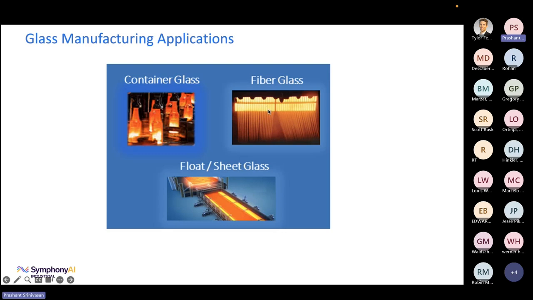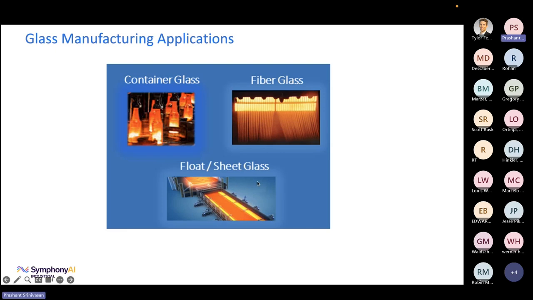Fiberglass is used a lot in composites or as construction material, mainly because of the good properties that it has in terms of the strength to weight ratio. And the third one is float glass or sheet glass. And this is used, for example, in LCD panels or mobile phones as the glass substrate, as well as in solar applications on solar panels, just as a protection layer, and also in buildings and automotive industry.